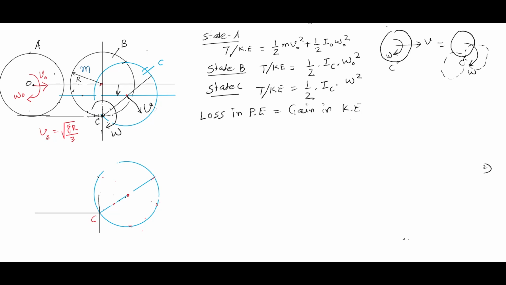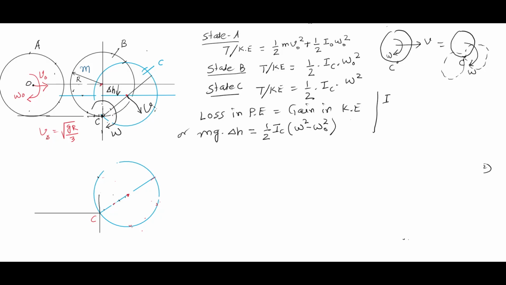Loss in potential energy is mg into del h, the height through which the center of mass has gone down vertically. Mg del h equals gain in kinetic energy, half I_C into omega square minus omega naught square.